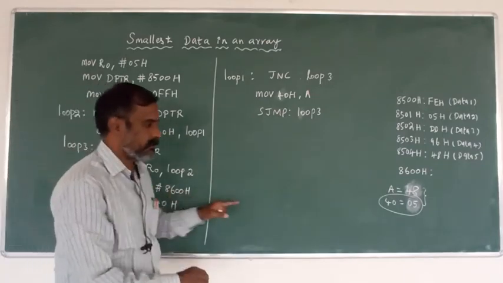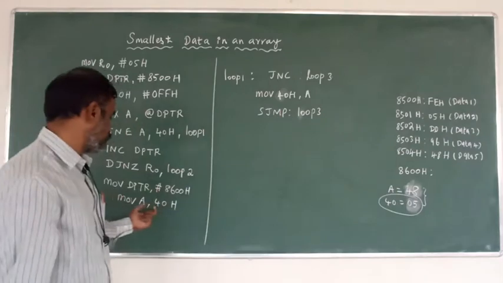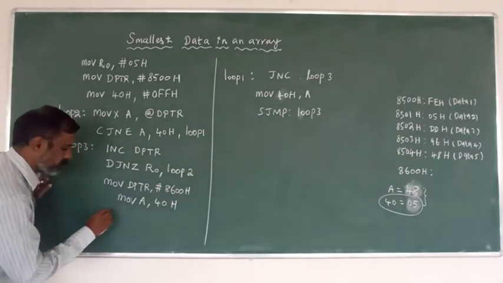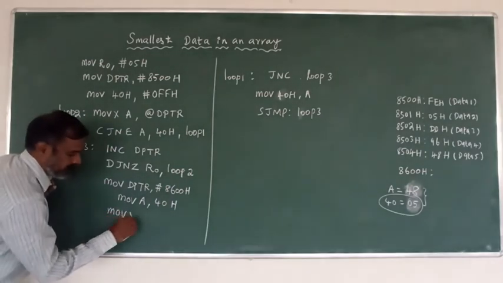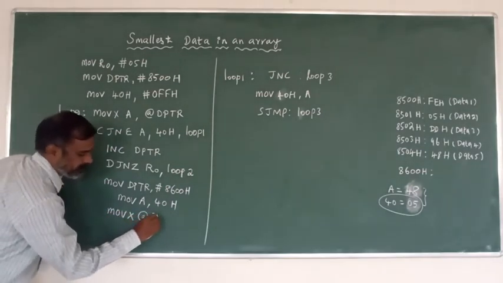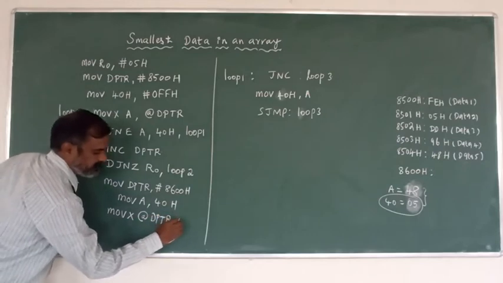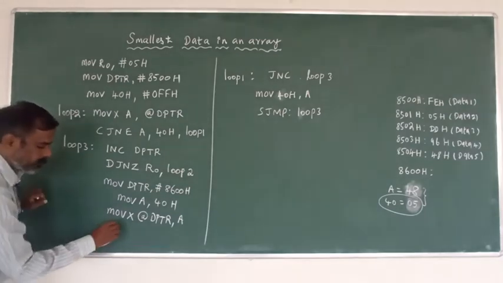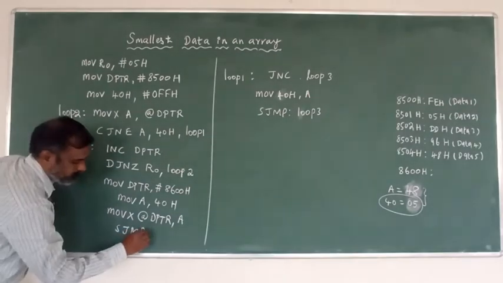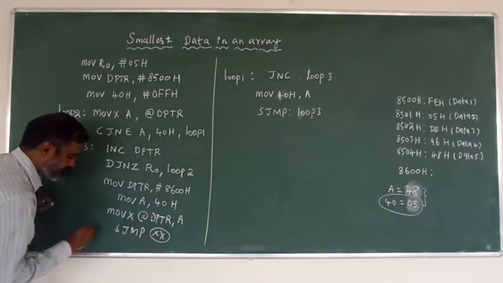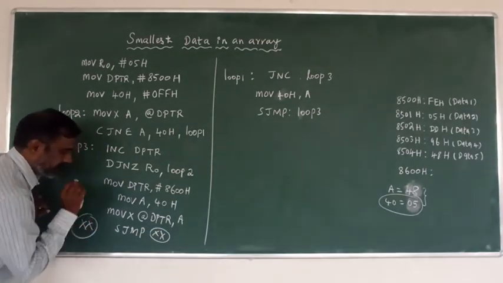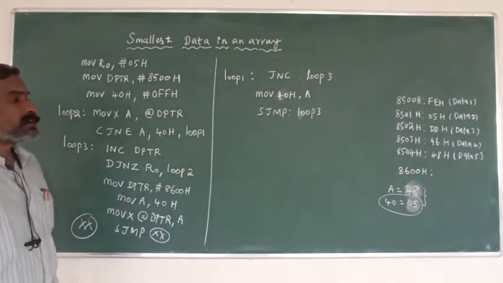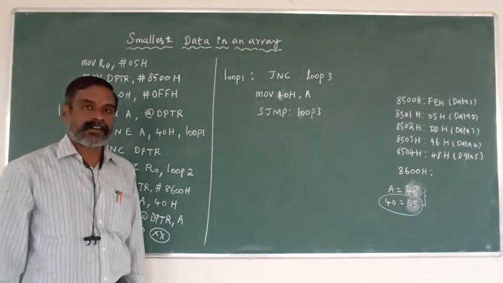Now the smallest data 05 is available in the A register. Now the A register data is moved to this address location. For that we can use MOVX @DPTR, A. Okay, and this is the end of the program. We have to write a short jump to this address location itself. This is the concept to find the smallest data in an array.